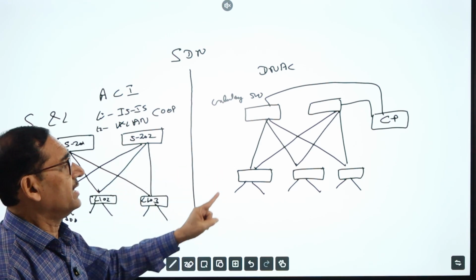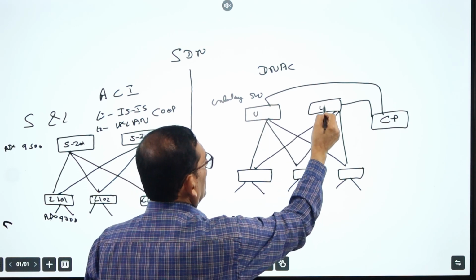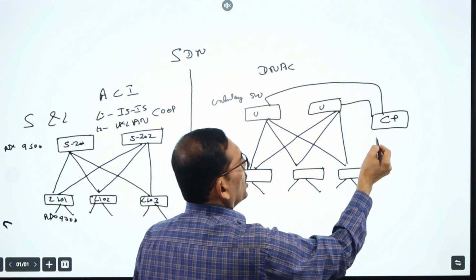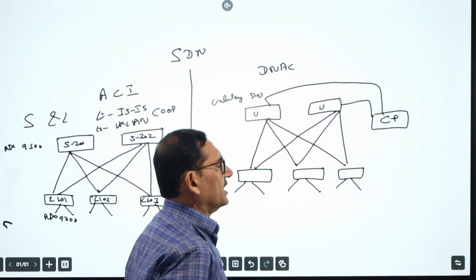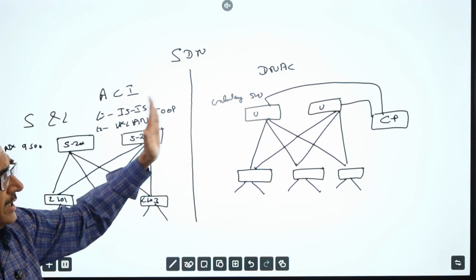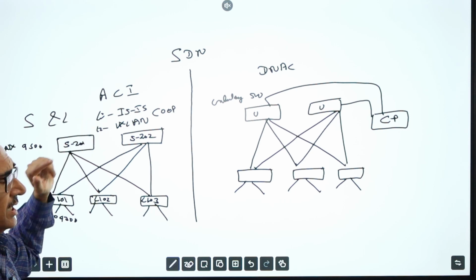Yes, the difference is that in the DNAC, we have the option to use an underlay switch. Otherwise, we have another option so that edge devices can connect directly with the control plane. We can omit this particular underlay switch. Here we have this flexibility. We don't have this flexibility in our ACI.